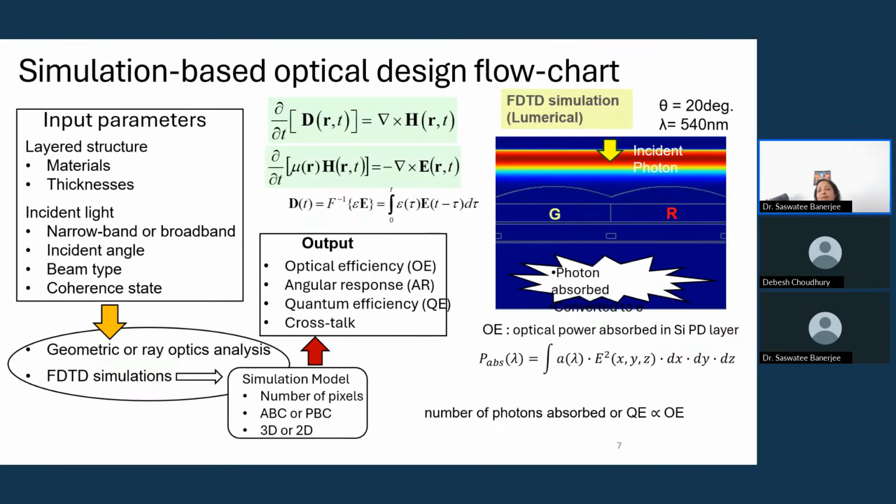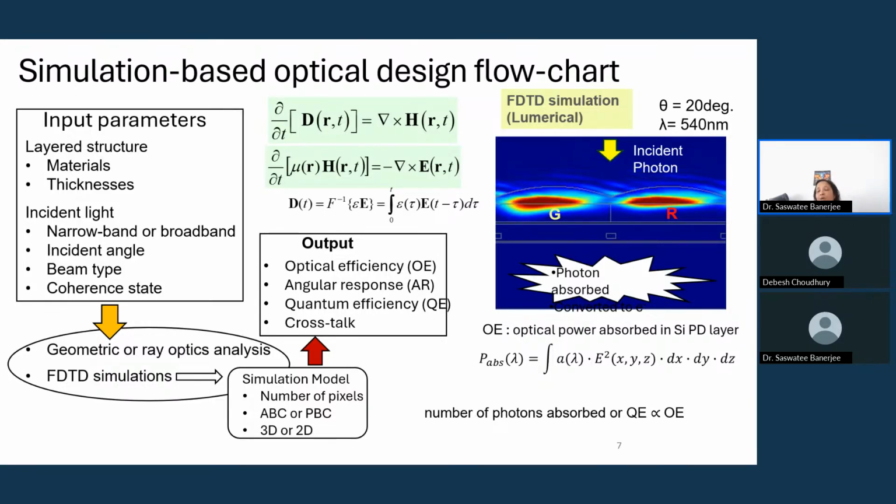You can see in real time how the light interacts with different media, different interfaces. If some light is reflected back or some light is transmitted in, you can see that. And that is very important about the finite difference time domain method, that you can study a complex structure like this in real time.